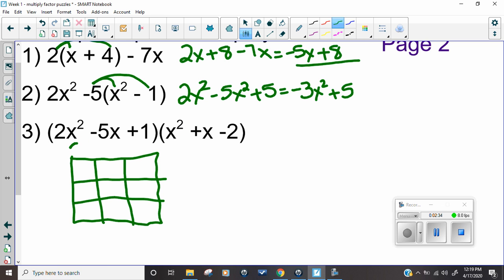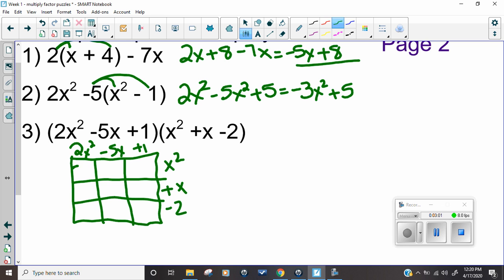So the first one I'm going to write on top, 2x squared minus 5x plus 1. And then this one I'll write on the side, x squared plus x minus 2. And then to fill in the boxes, we're going to multiply. And when you multiply, you change the powers, because this is the coefficient, the number 2 times the number 1.